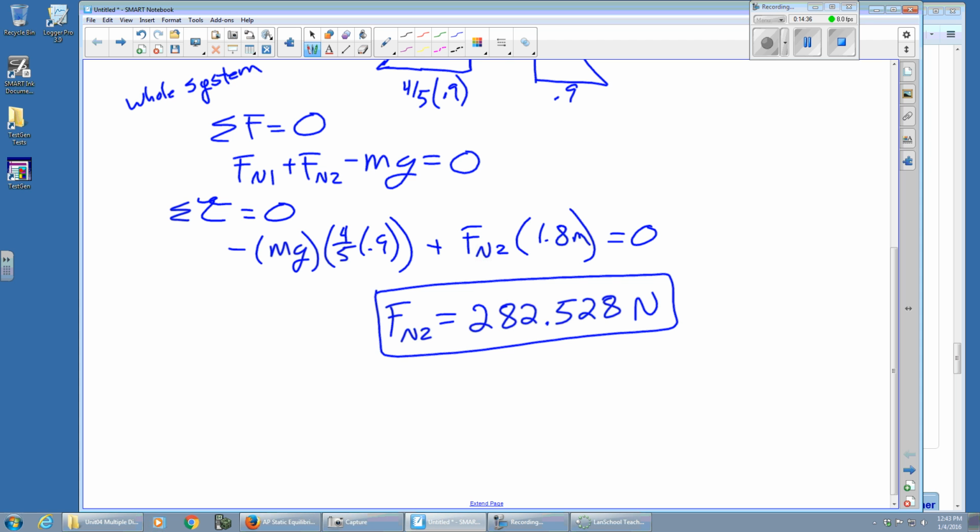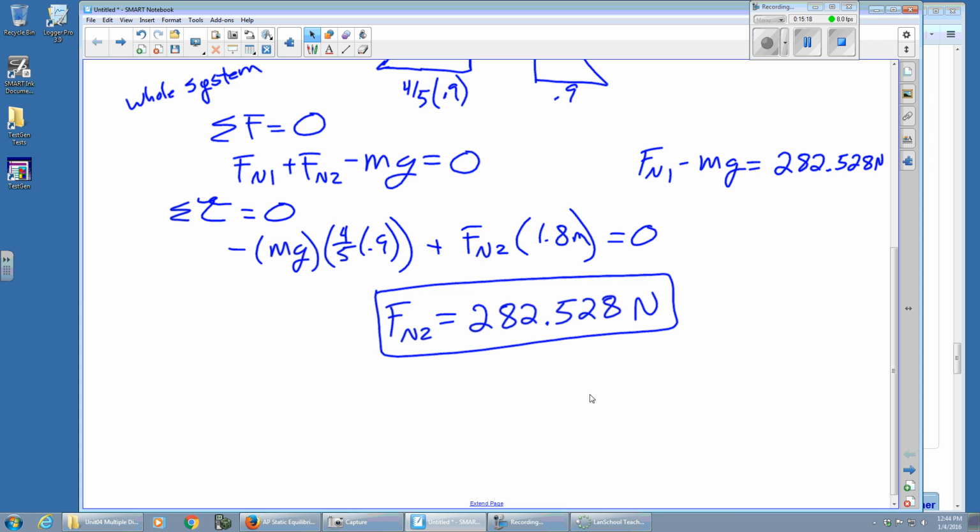And now actually I'm going to go back up and use the whole system and solve for N1. So now it'll be Fn1 minus mg equals my 282.528 newtons. So I get 988.